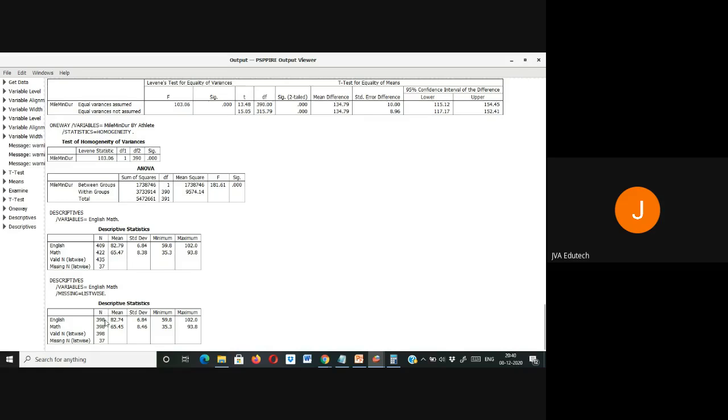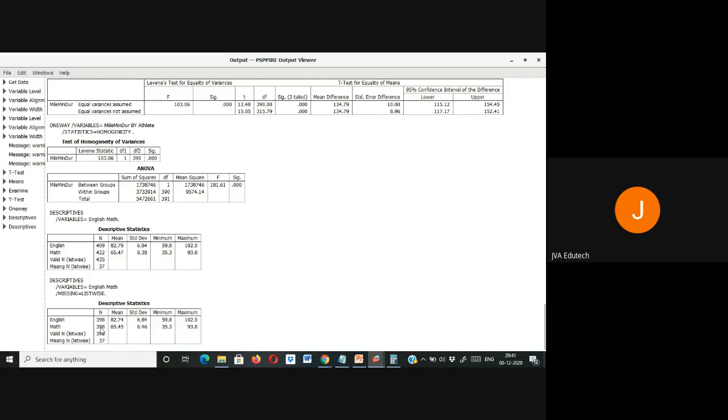To remove that confusion, I have written that I have given the command to remove the missing cases. This tells the reader that 435 respondents were taken, but in this case, in English and math, the 37 people whose scores were not taken have been excluded. Clear, sir? Okay, sir. Fine, so this gives clarity.